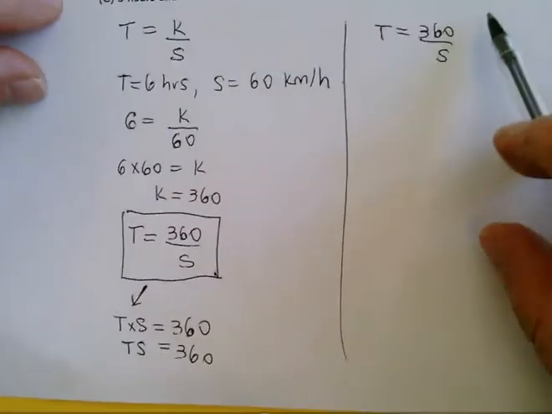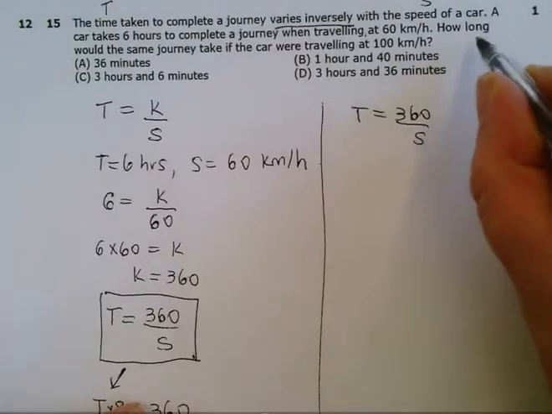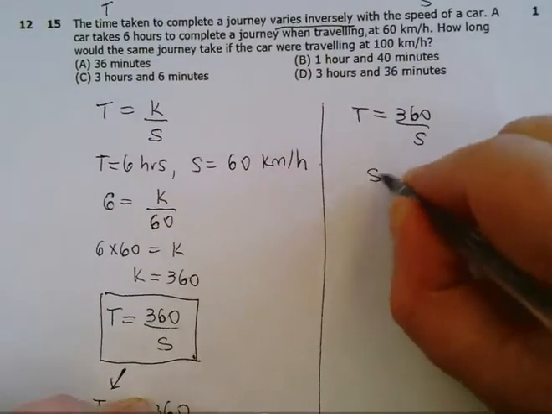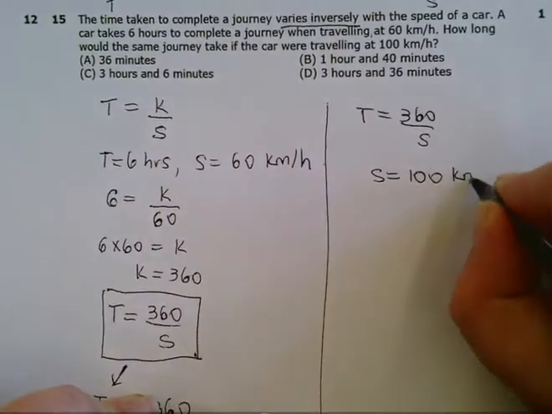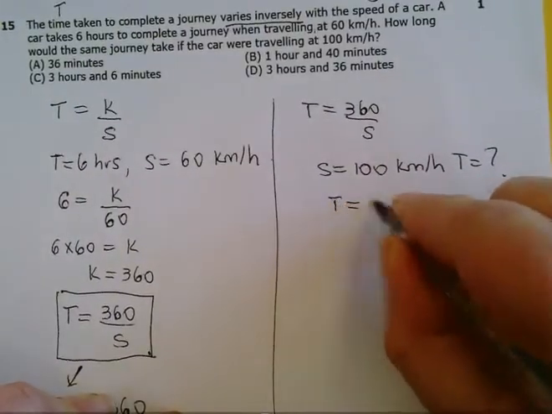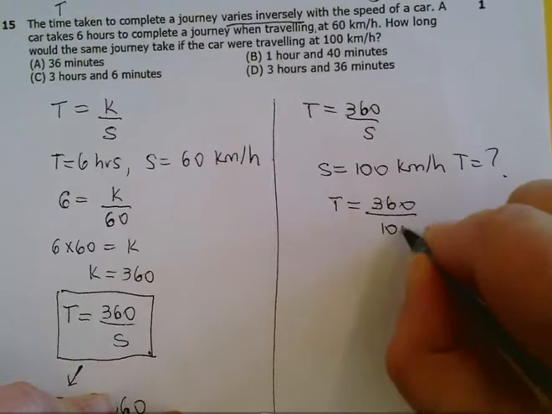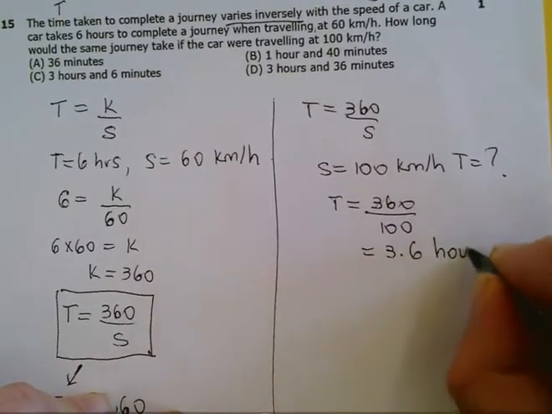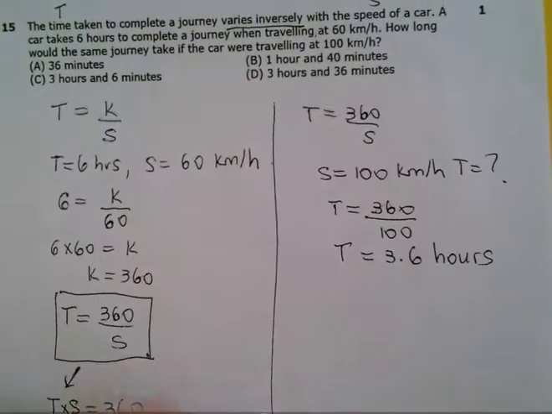Now the question says, how long would the same journey take if the car was traveling at 100 kilometers an hour? So if the speed is 100 kilometers per hour, find T. T equals 360 over 100, which is 3.6, the time in hours. That's 3.6 hours.